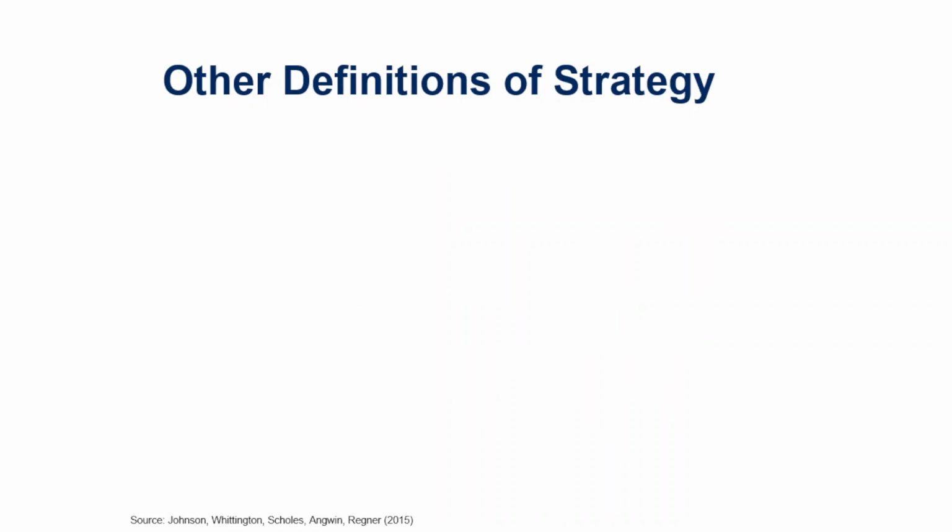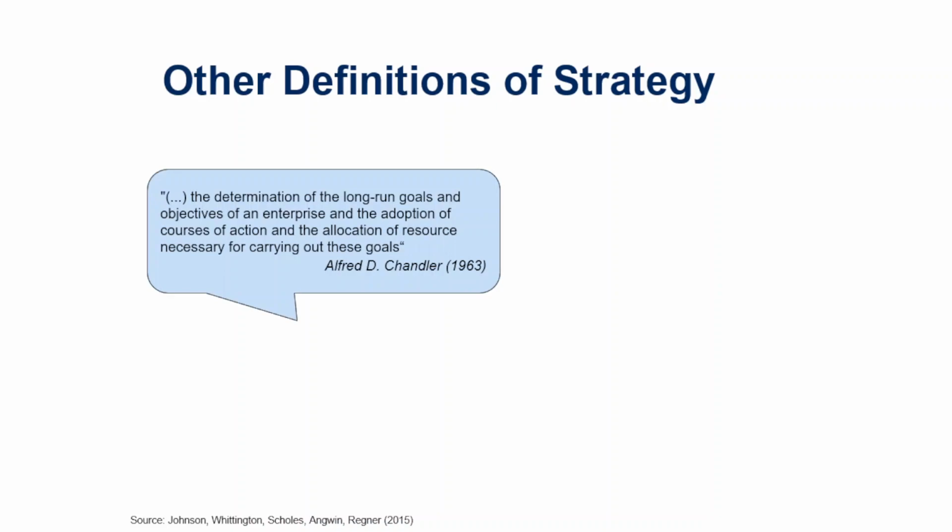There are a couple of other definitions of strategy, but you will see they are all fairly similar. Chandler in 1963 focuses on long-run goals. So a strategy is something that is long-term and defines the objectives of an enterprise and the courses of action to achieve those goals and objectives.